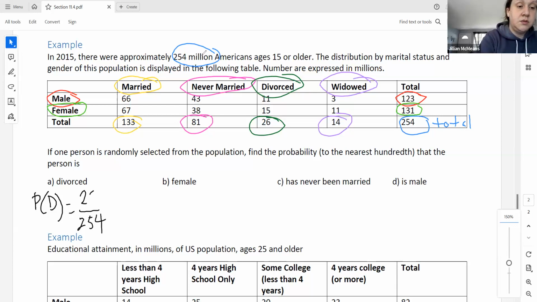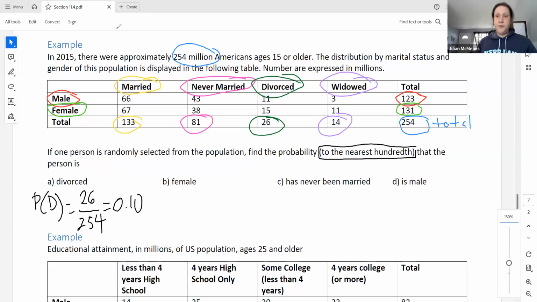So it would be 26. Now, if you take that and put it into a calculator and you round it to the nearest hundredth, you get 0.0. No, you get 0.10. Hold tight, I wrote that wrong. You get 0.10. That's it.